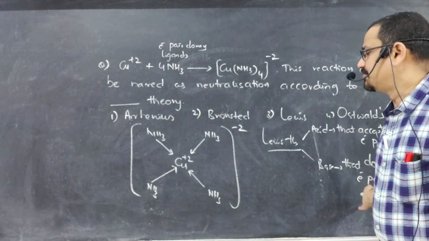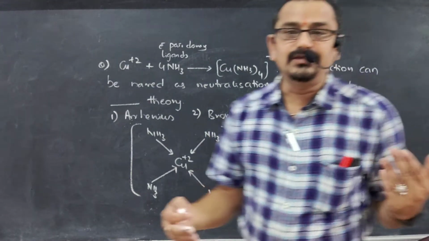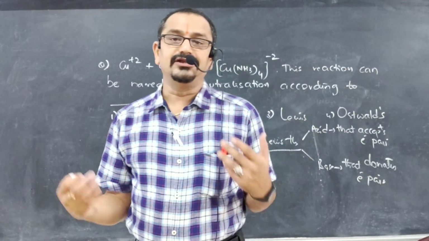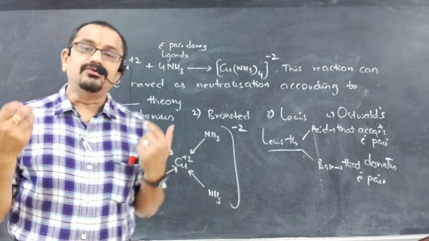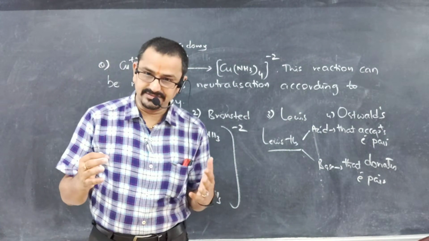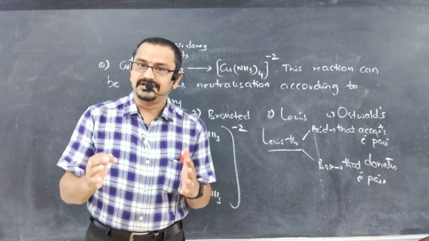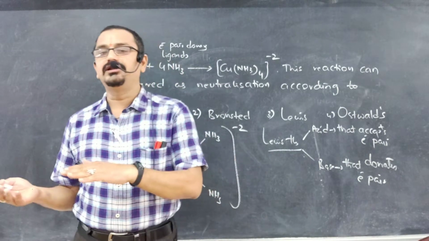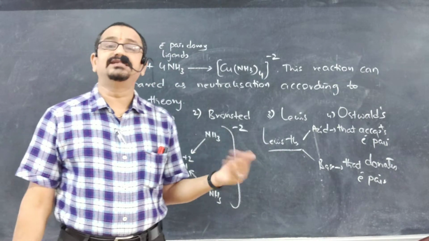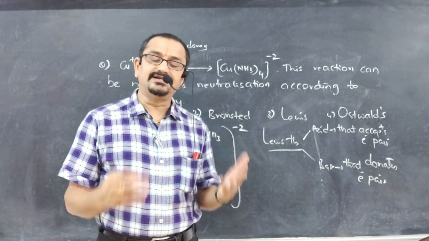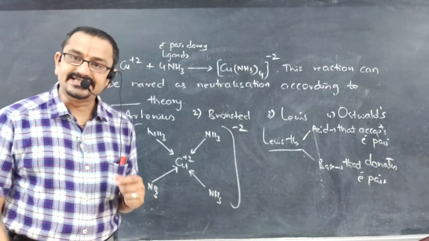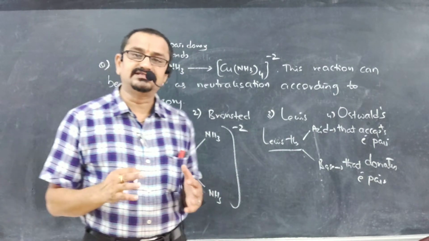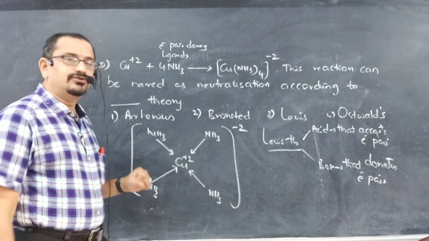And according to the same Lewis theory, what's meant by a neutralization reaction? Neutralization reaction is the one in which there is transfer of a lone pair from a Lewis base to a Lewis acid, means the step that involves the dative bond formation is said to be neutralization.